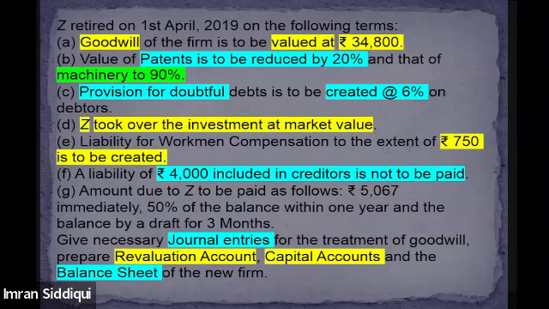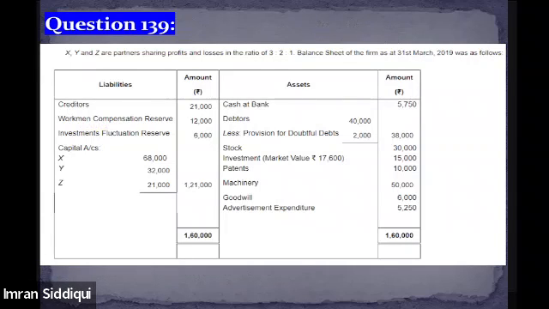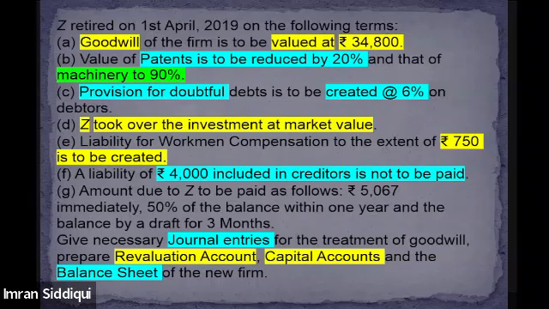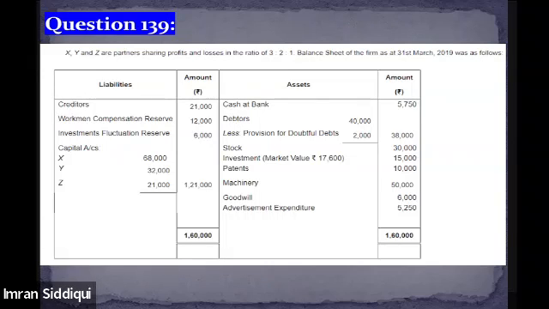We can see the goodwill in the balance sheet as well, so we have to pass the journal entry for the goodwill appearing in the books, and then we have the self-valued goodwill as well. Let's do the journal entry for the goodwill part.